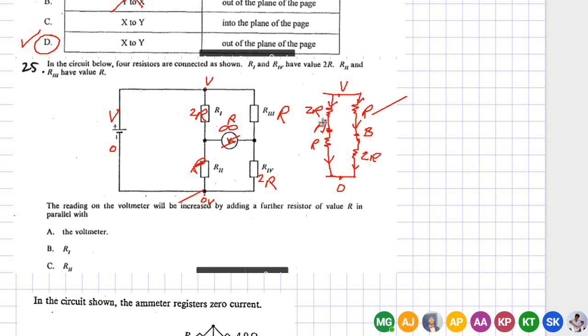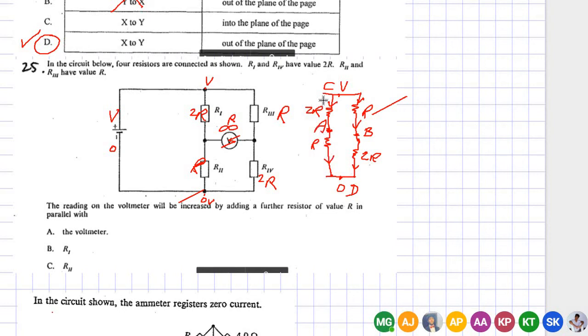So in this case, let's see A, B, and let's call this point C and this point D. So CA, the potential drop will be more than AD because the resistance of CA is twice as much as AD, so the potential drop will also be twice as much as AD.